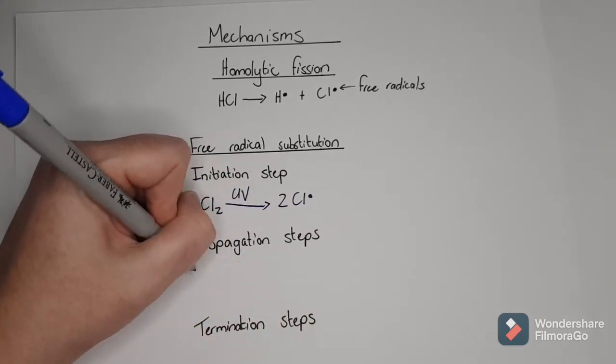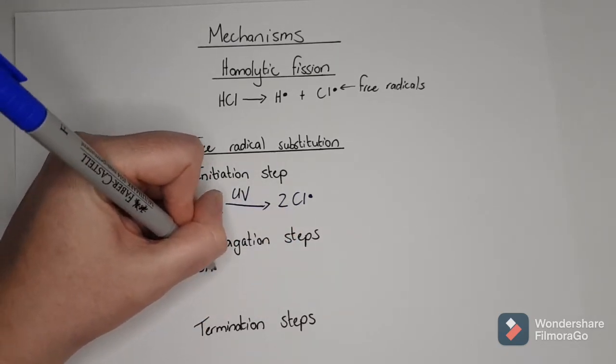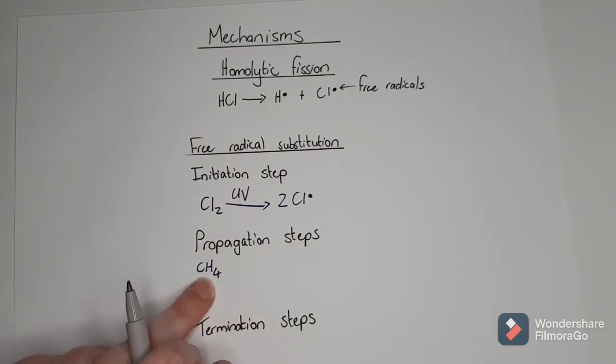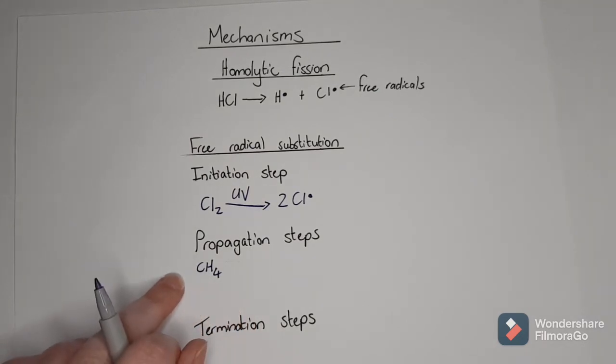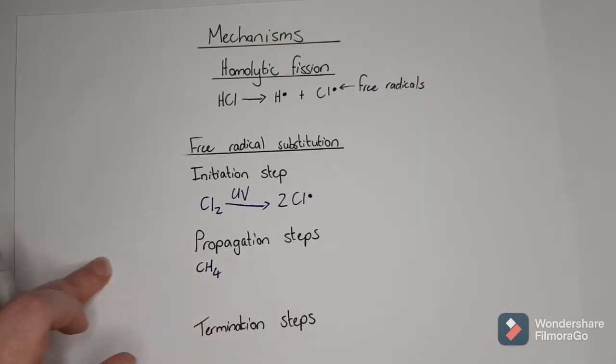So the first one is this free radical is going to attack my other alkane that I have. This could be any alkane, so it could be CH3, etc., depending on how many carbons there are.